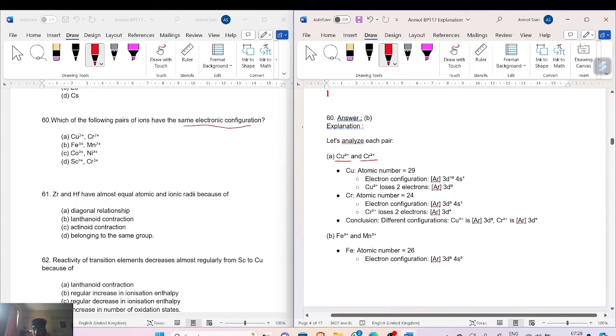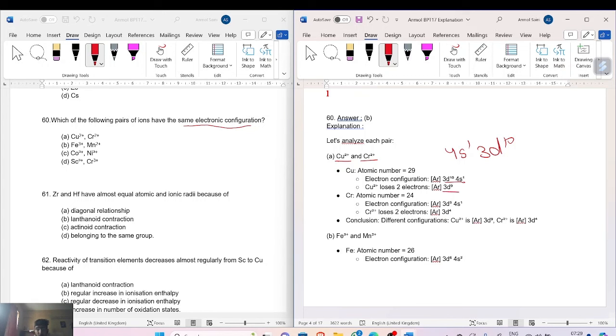First of all, we have to write the electronic configuration for Cu2+. We know the electronic configuration of Cu is 4s1 3d10. Now here 2+ is written, meaning 2 electrons will be lost. 2 electron loss means 3d9.